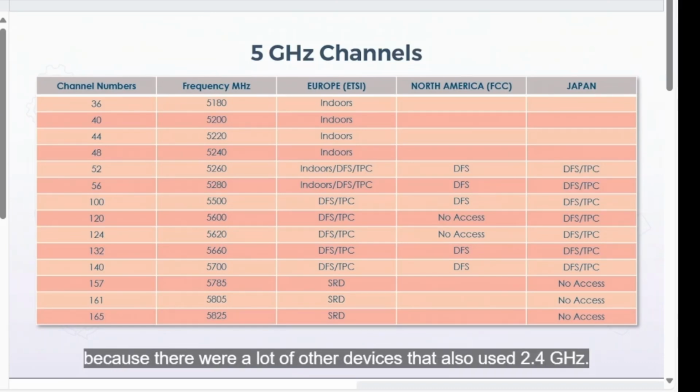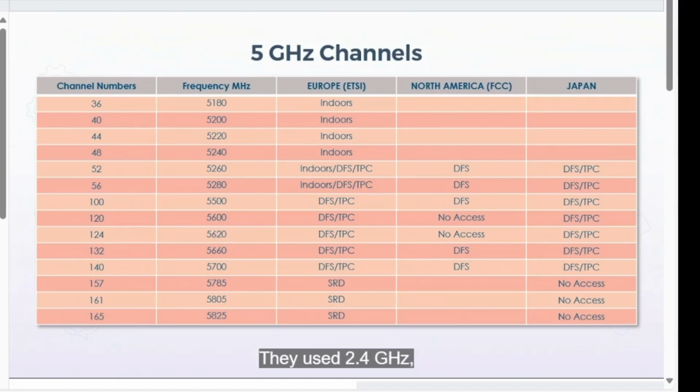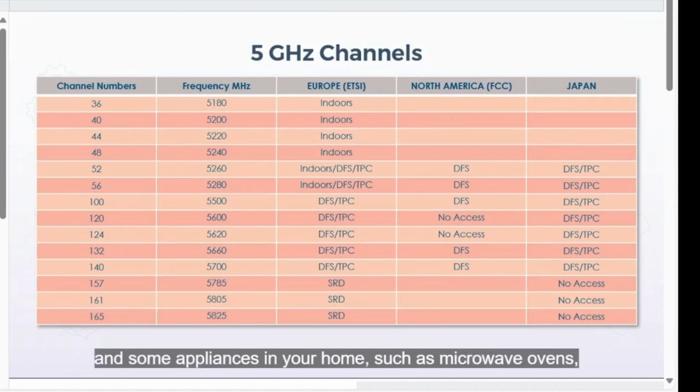So again, how those channels are regulated varies depending on the governing body, but for the general population simply wanting to use Wi-Fi, this tighter regulation over the 5 gigahertz band ultimately translates into less interference. The specifications of indoors, DFS, TPC, and SRD are all applicable to what you and I consider to be standard Wi-Fi communications.